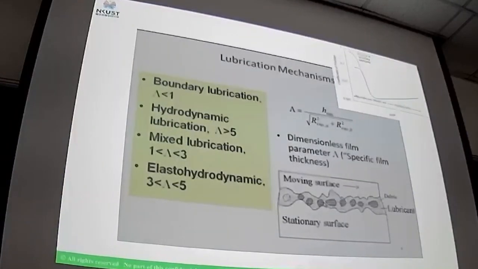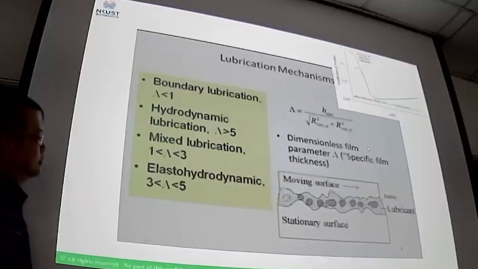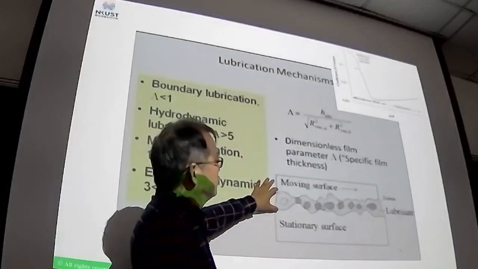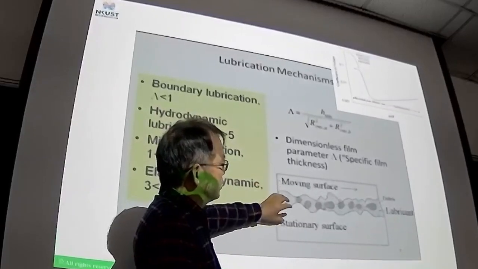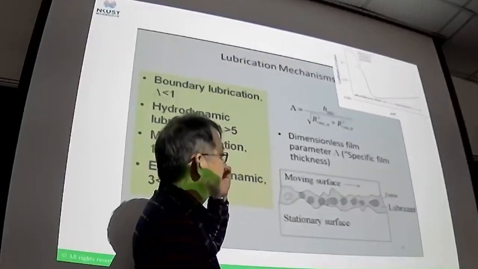So we can look at this lambda. It is the specific film thickness between surface 1 and surface 2.